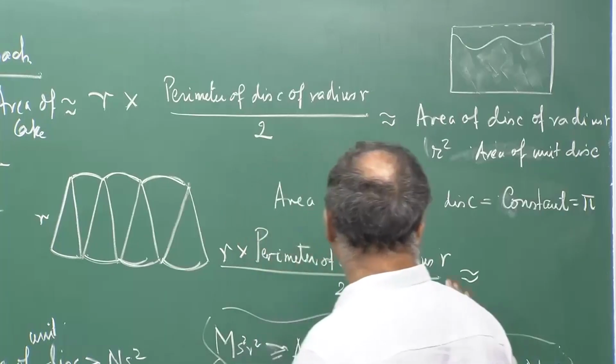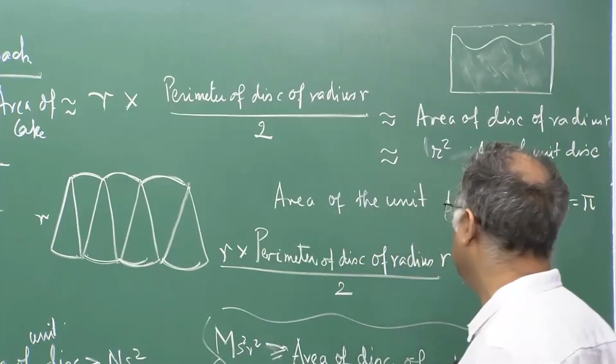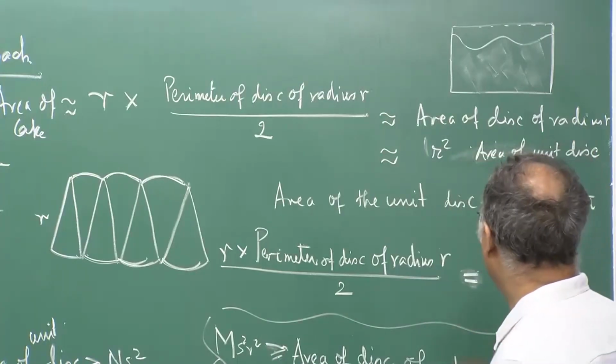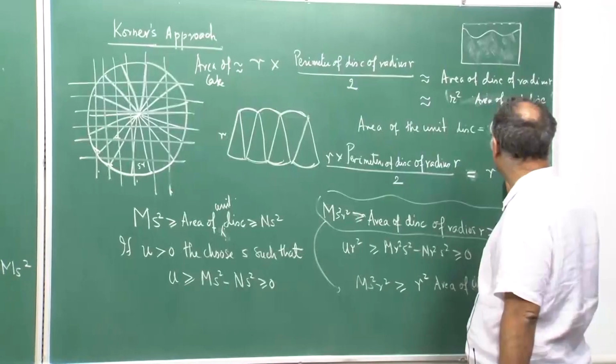So this approximation finally becomes equal. These are all just approximation arguments, by the way, and this is nothing but r square into pi, the constant.